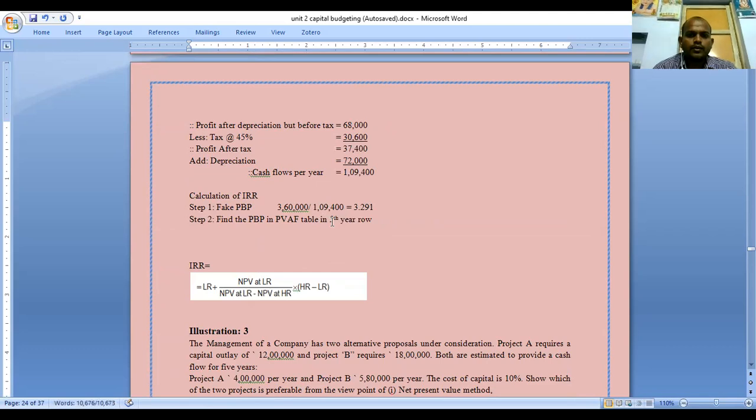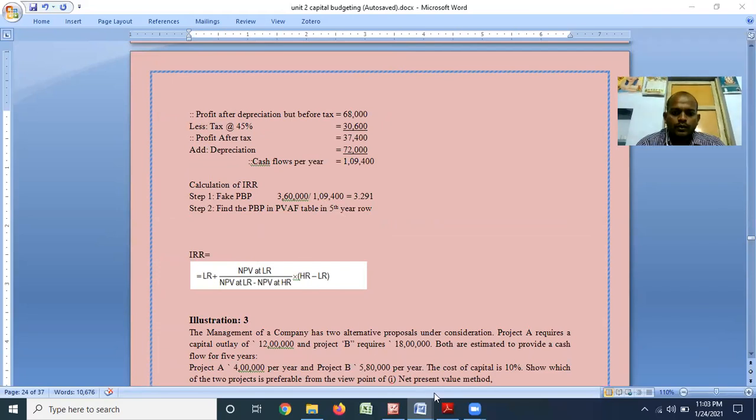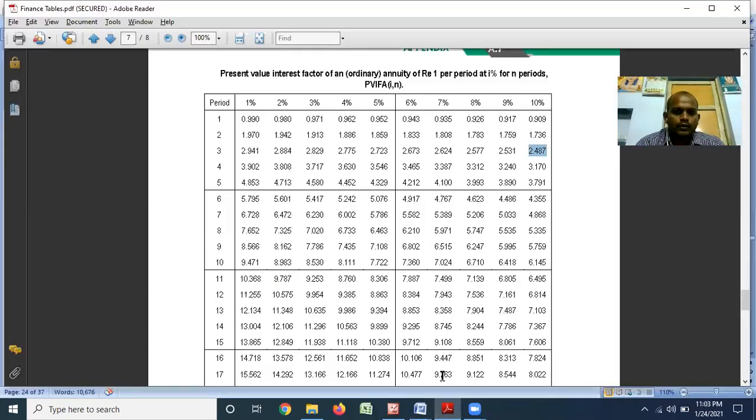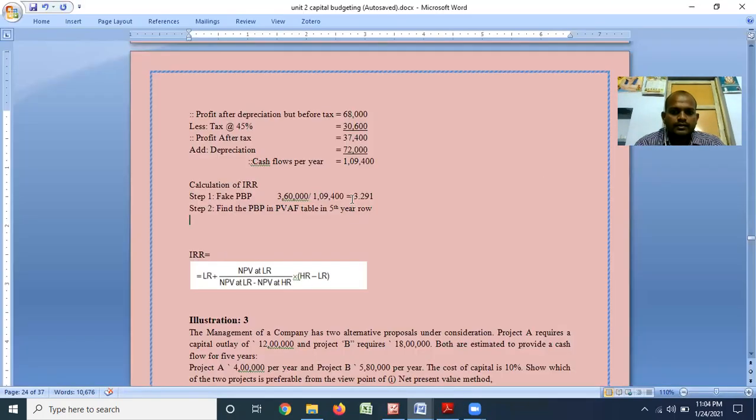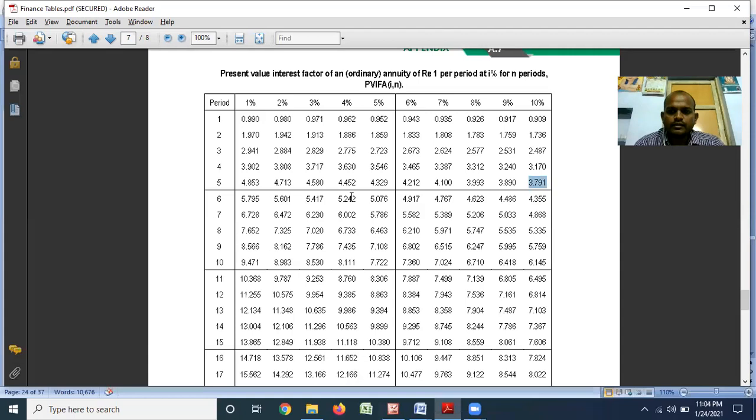In the fifth year row of the annuity table, we have to find the payback period, that is 3.291.